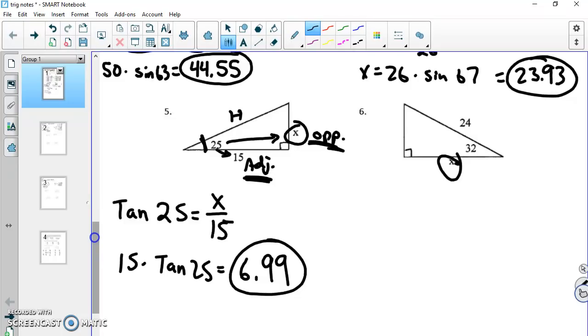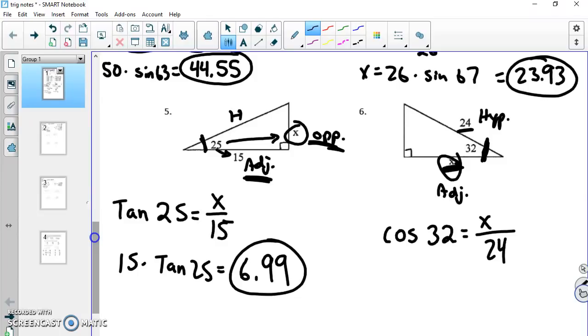All right, last one. Our angle here is 32 degrees. This x is the adjacent side. This 24 is the hypotenuse side. For adjacent and hypotenuse, we want to use cosine. So cosine 32 equals the adjacent side over the hypotenuse side. Set that up.